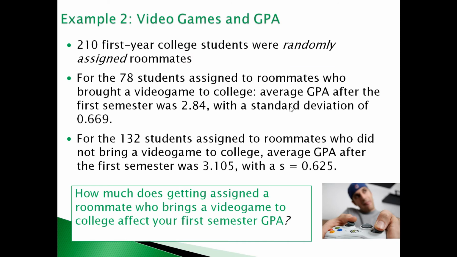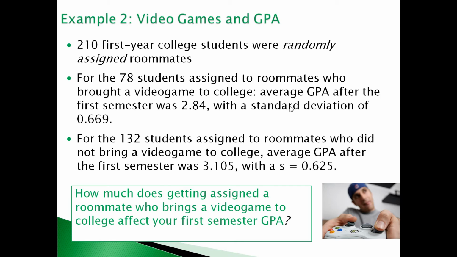Let's see an example. Example 2. 210 first-year college students were randomly assigned roommates. For the 78 students assigned to roommates who brought a video game to college, average GPA after the first semester was 2.84, with a standard deviation of 0.669.